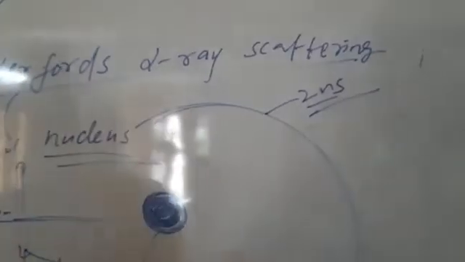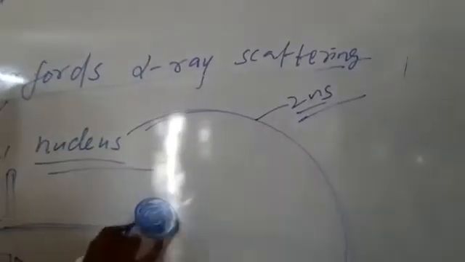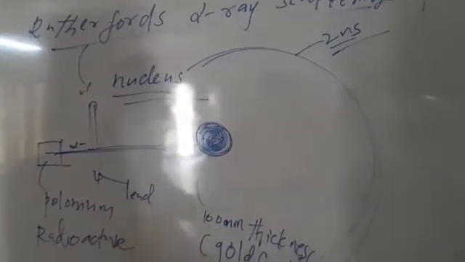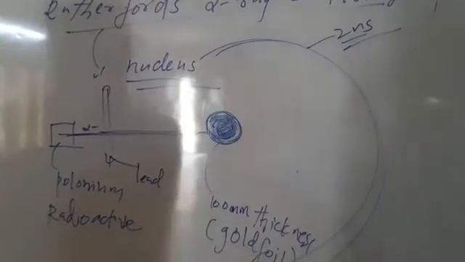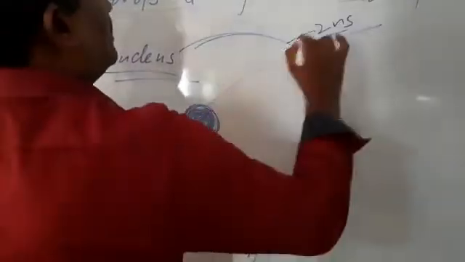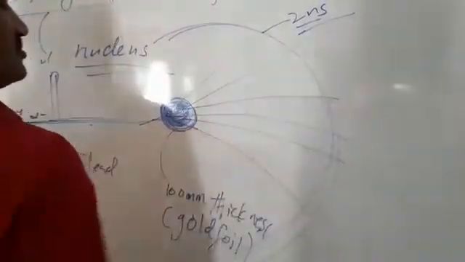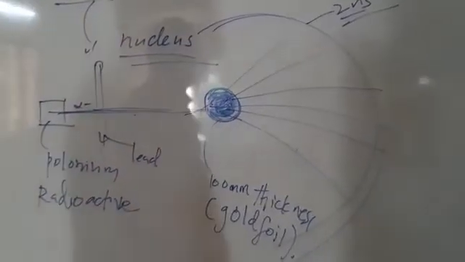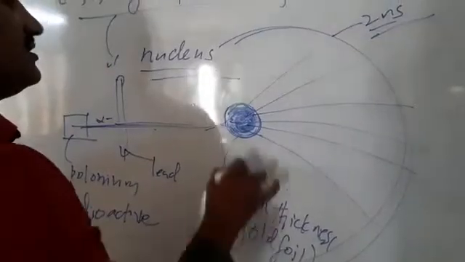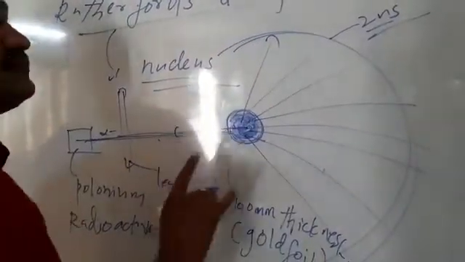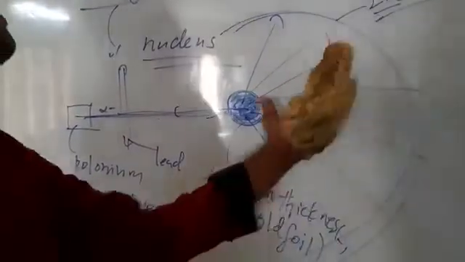When alpha rays are passed through this gold foil, almost 95-96% of the alpha rays travel in all directions without deflection. Some particles are deflected like this. Out of 20,000, one particle is deflected by 180 degrees.